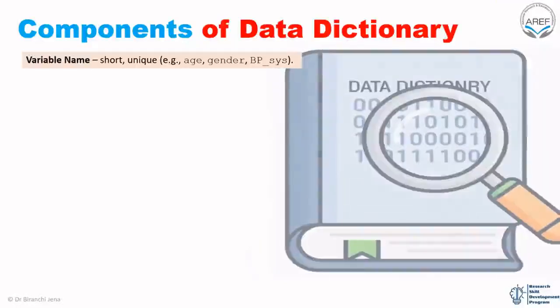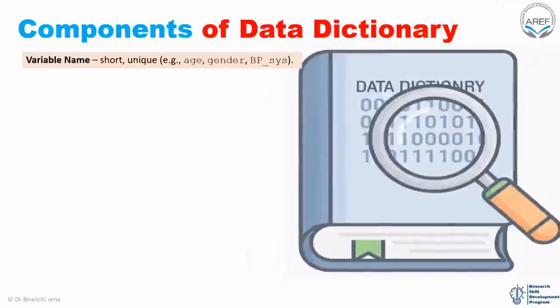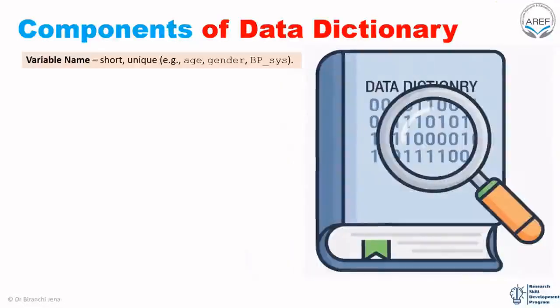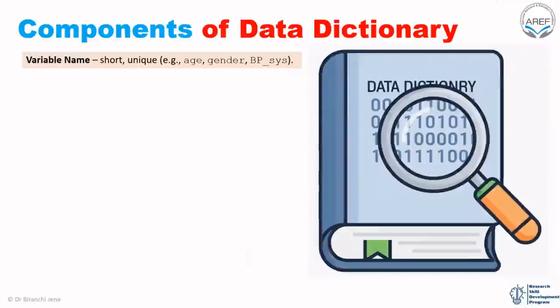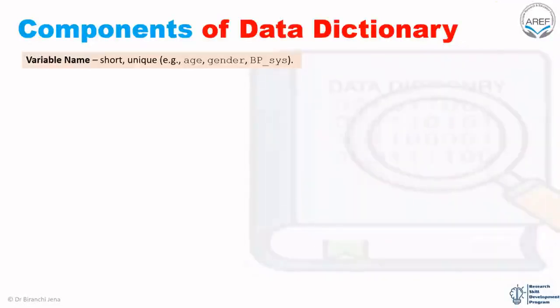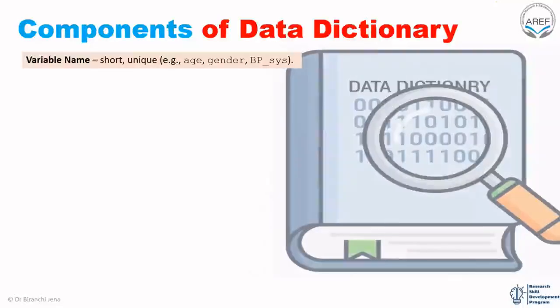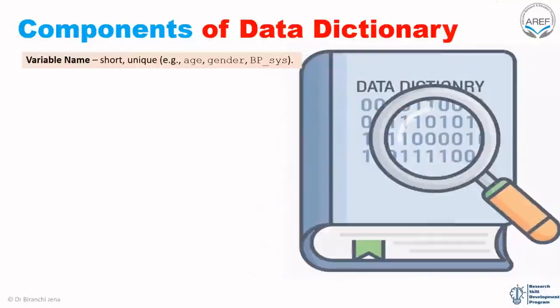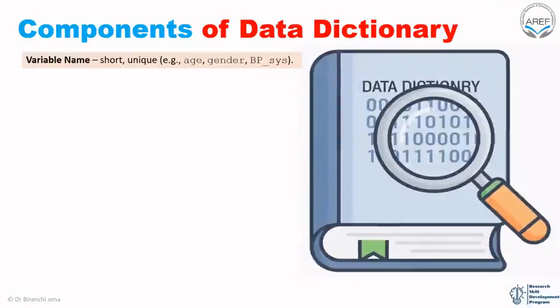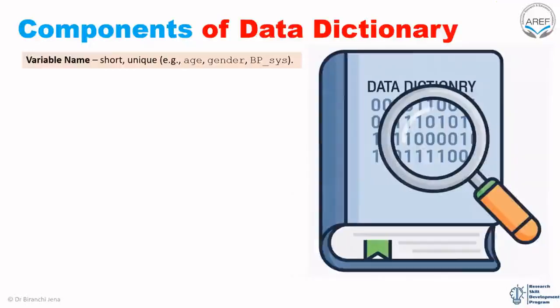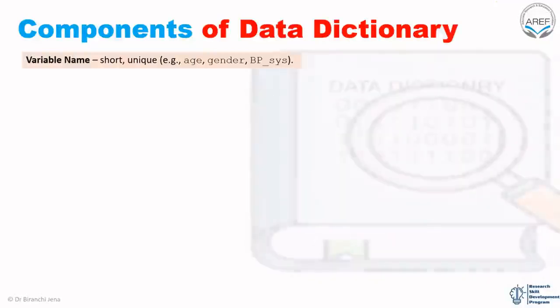So while we create our data dictionary, we must give the name of the variable. It should be short and unique. If age is one variable, we can give that name as age. Gender is another variable, and gender varies uniquely for each respondent in our research. If we are collecting systolic blood pressure from our respondents, then we have to give that name as blood pressure underscore systolic.